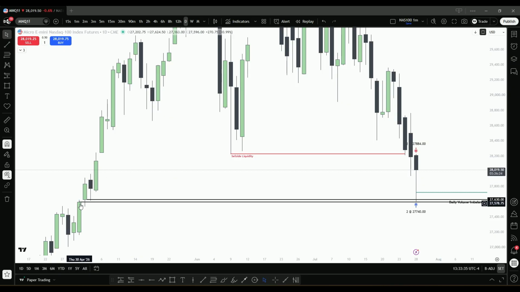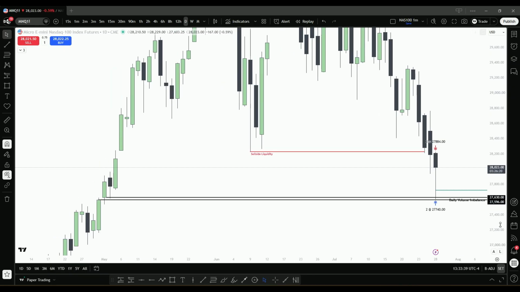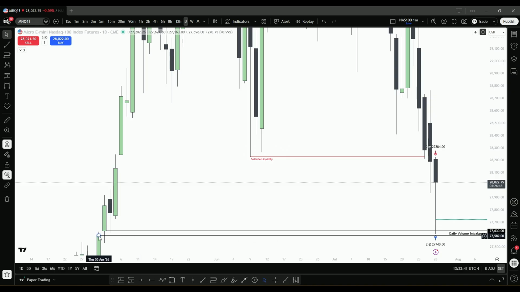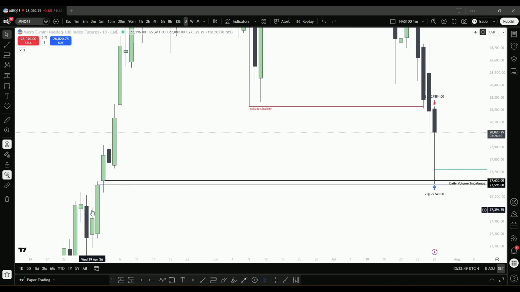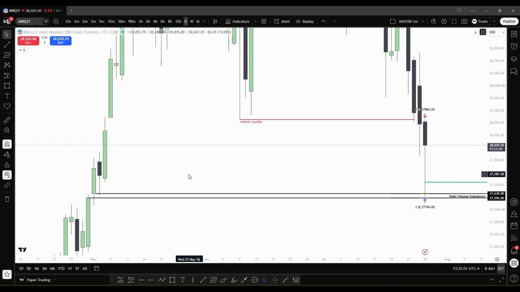So the first logical PD array that we see is this daily volume imbalance. I've marked it here. You would usually want to look for imbalances or any sort of inefficiency, like a fair value gap, to frame your narrative.